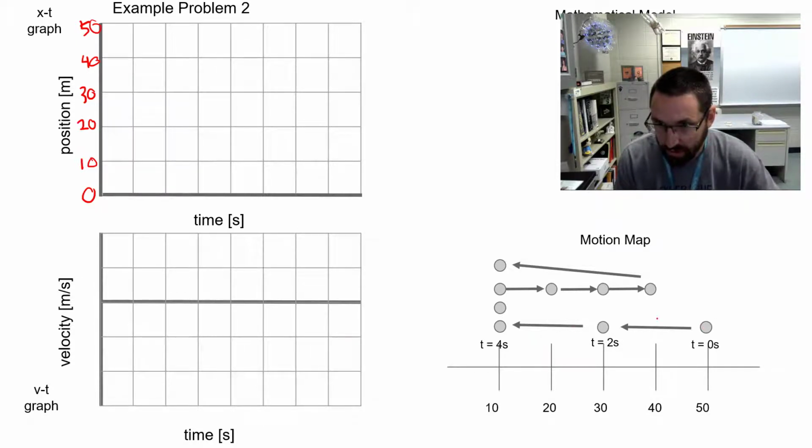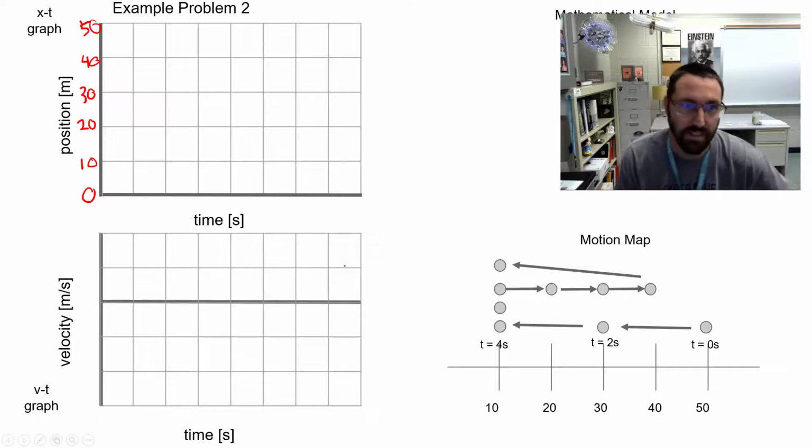It looks like our dots are counting by 2 seconds. So I got 0, 2, 4, 6, 8, 10, 12, 14, 16 seconds. I'm going to plug in the time. I believe I can fit it all on here: 2, 4, 6, 8, 10, 12, 14, and 16.